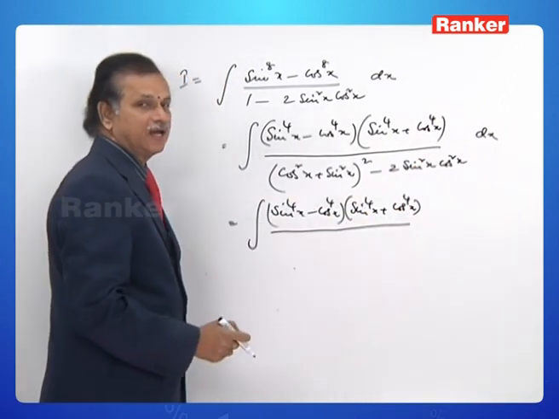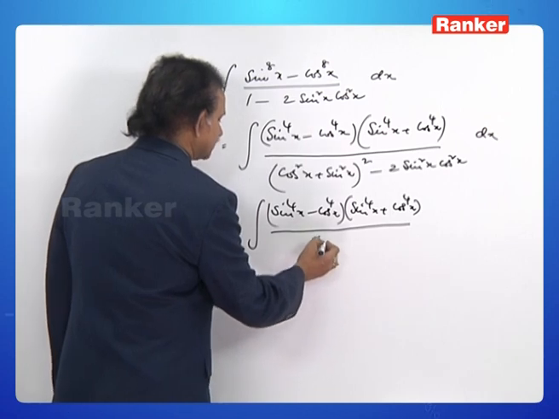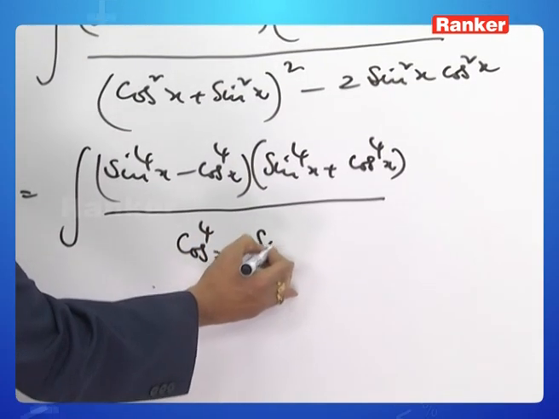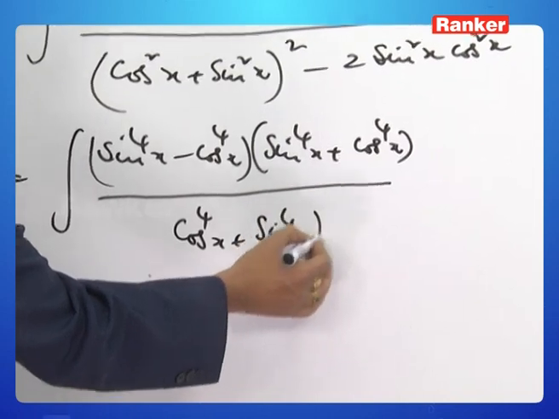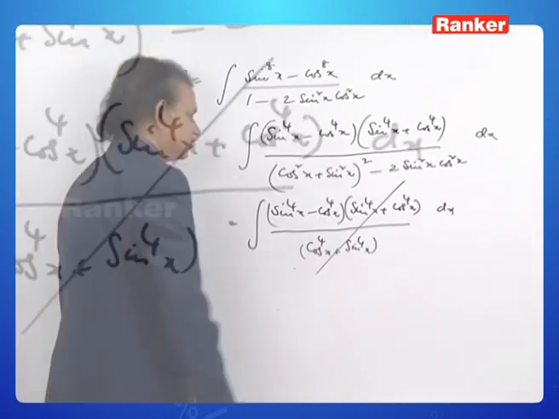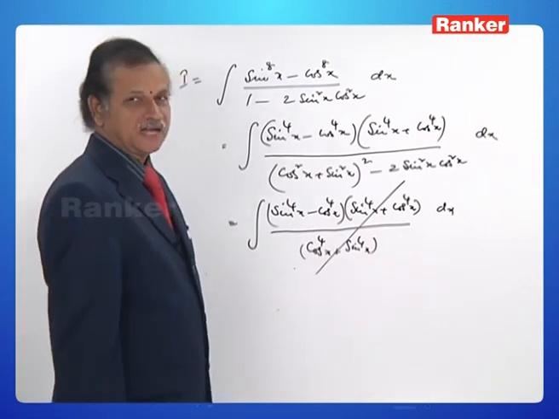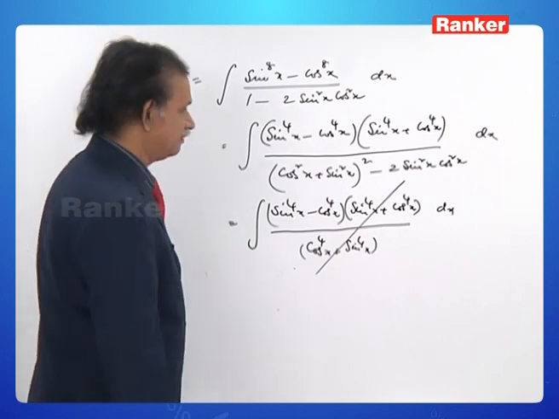It is just nothing but a square plus b square, that is cos power 4x plus sin power 4x. Come on friends, what is going to be happened? These two will be cancelled. So that what has been remained? Integral of sin power 4x minus cos power 4x.